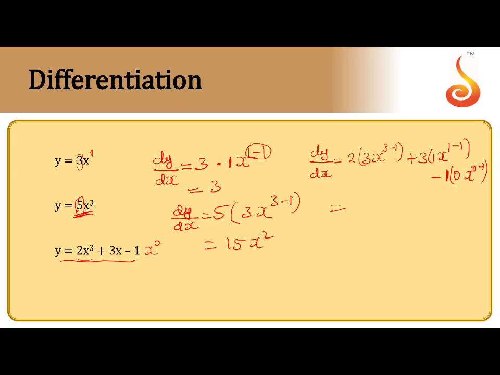So this will be 3 2s are 6 x square plus 3. This 1 minus 1 will be 0. Anything power 0 is 1. And this term is 0. That's it. Your dy by dx will be equal to so much.